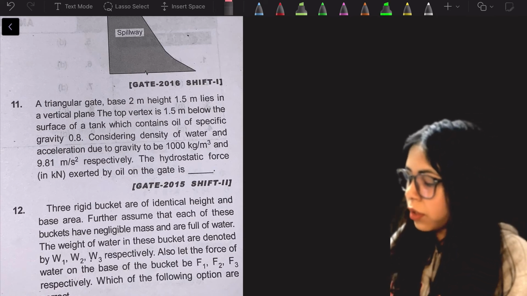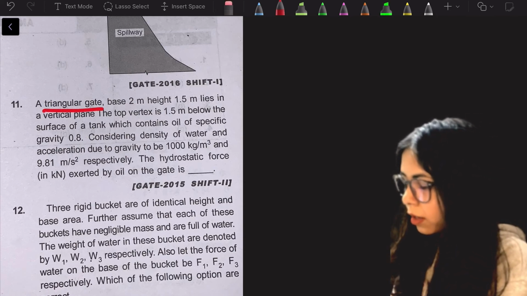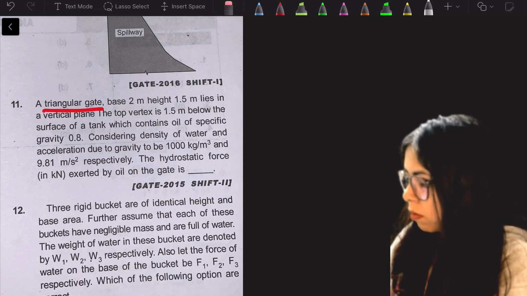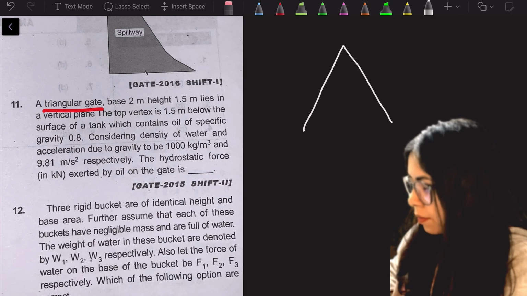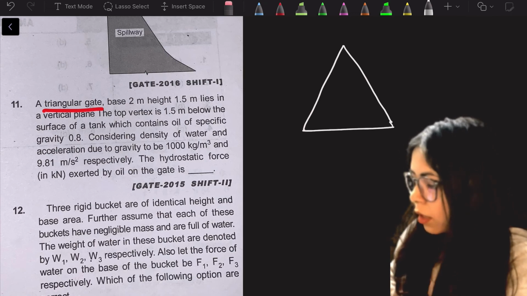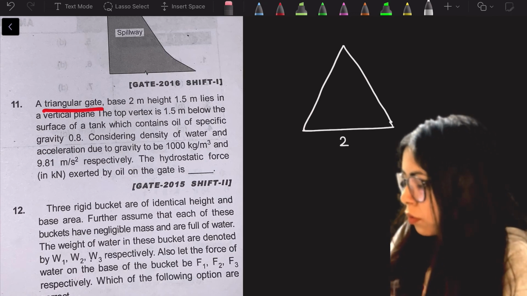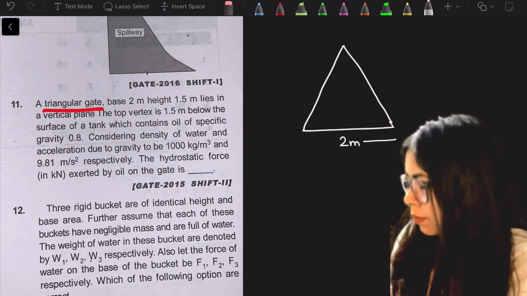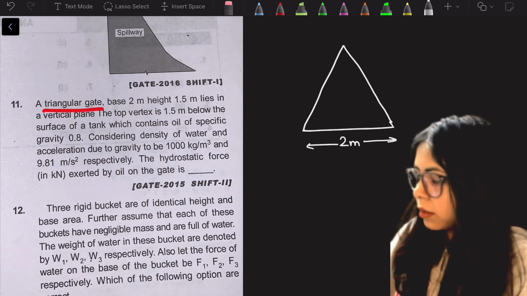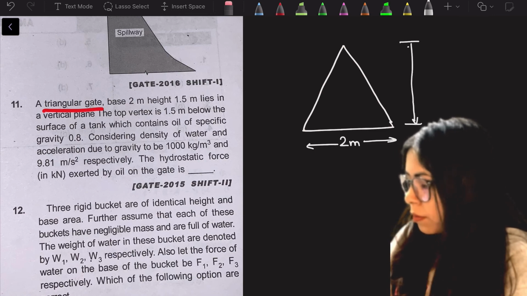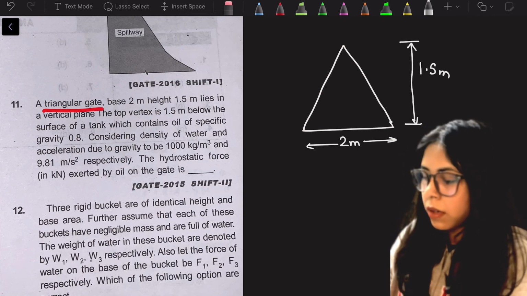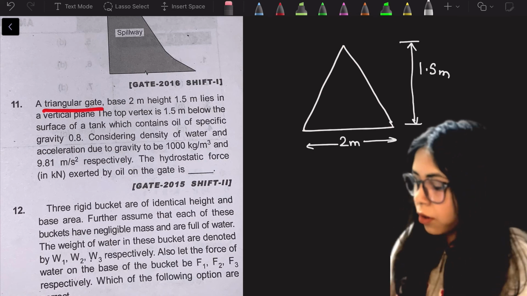So here in this question we have given a triangular gate. There is a triangular gate which is having base of 2 meter and height as 1.5 meter. Okay, and it is lying on a vertical plane.